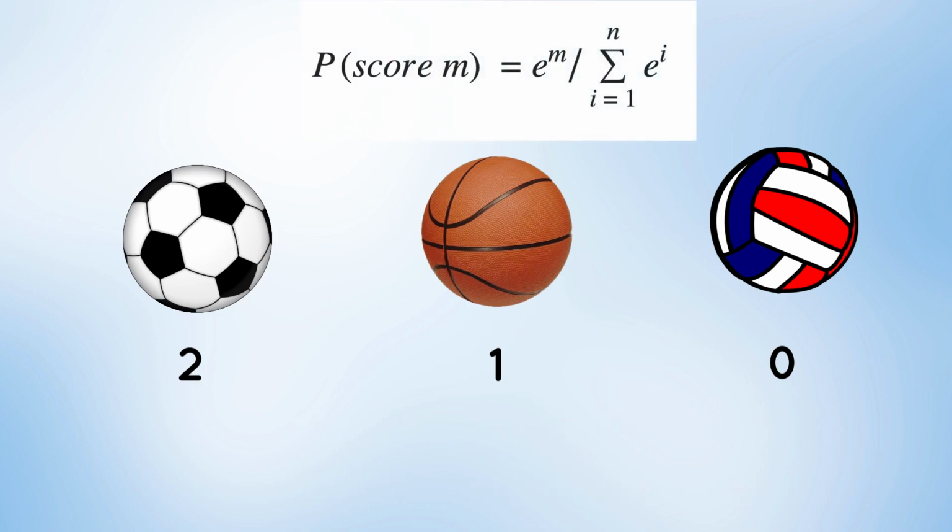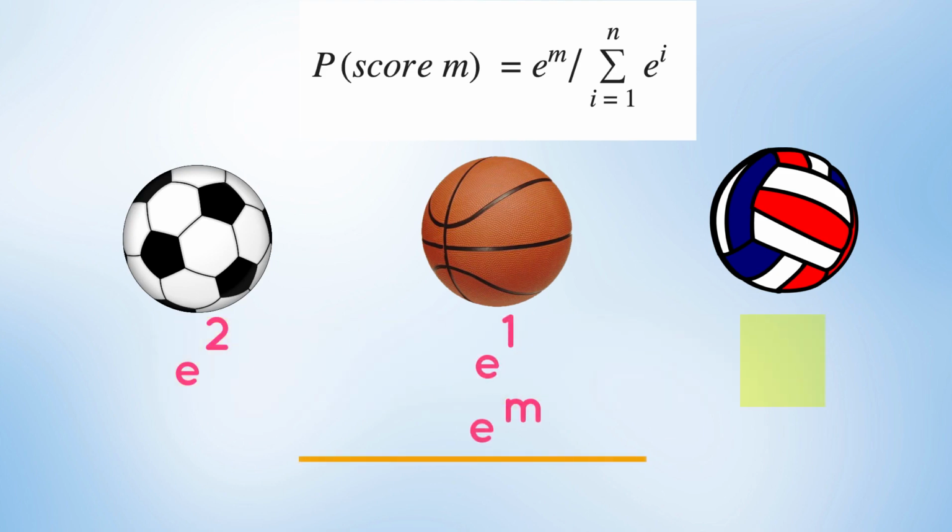This equation refers to the probability of some score m when there are n number of classes present in the data sets. So what you would do is for each score m, e to the m is divided by the summation of the exponential of all scores, namely e to the m divided by e to the 1 plus e to the 2 plus e to the 0.